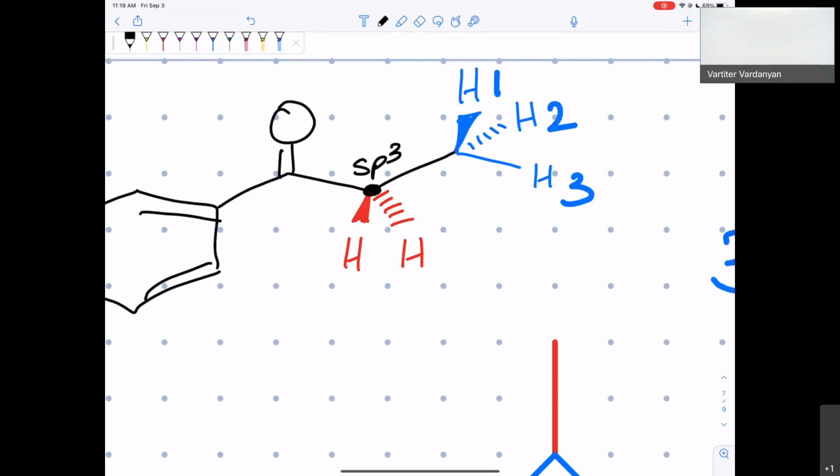sp3. Does anyone not remember at all hybridizations from Orgo 1? Yes, okay, cool. So all you need to know for Orgo 2 is sp3 equals single bonds, sp2 equals double bonds, and sp equals triple bonds. Yes, sp2.